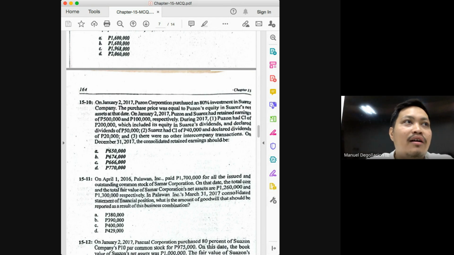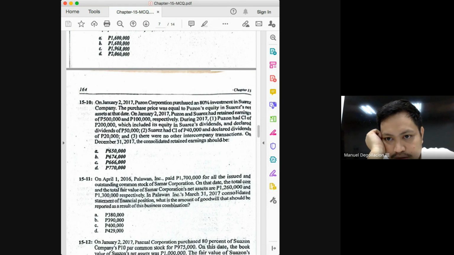How much is the beginning RE of the consolidated entity at the date of acquisition? Given how much? 500 or 100? 500. Okay, 500 is the beginning retained earnings of the consolidated entity. Then you would ask, sir, isn't that the RE of the parent? Yes, they will have the same balance at the date of acquisition.